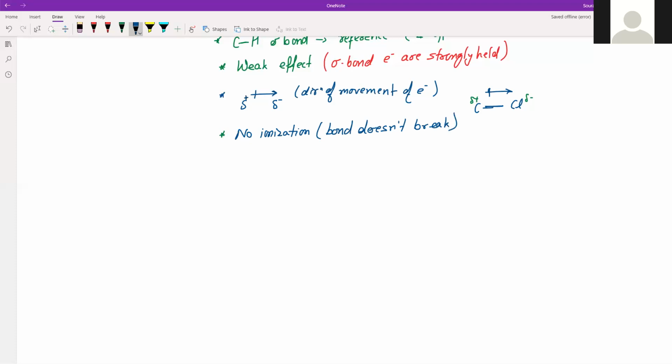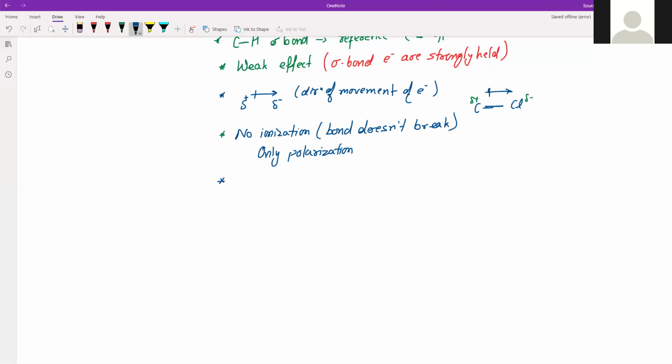If the bond broke, two different ions would be formed. This is only a shifting of electrons, or polarization. There is no ionization, right?